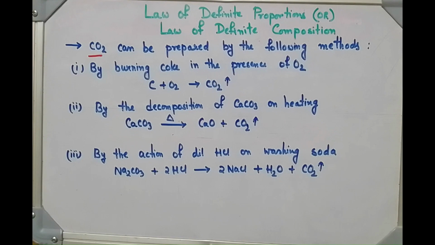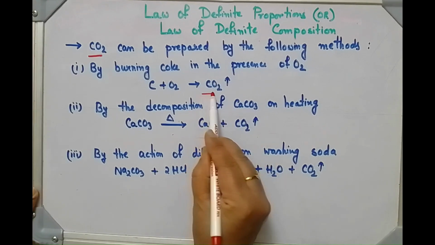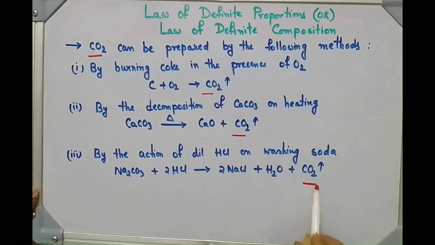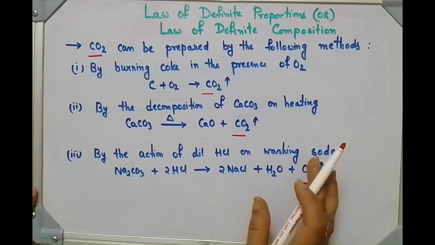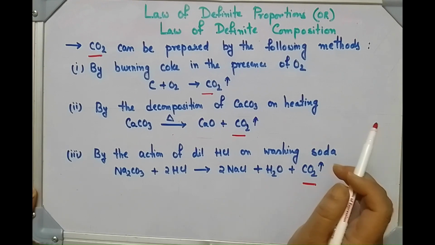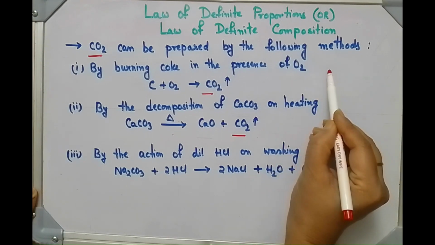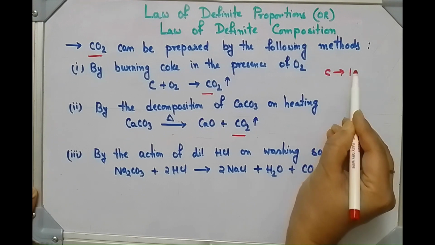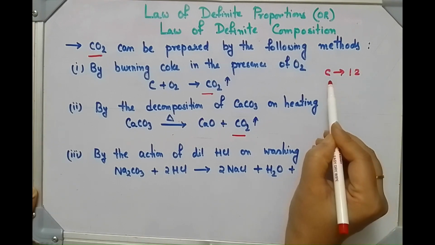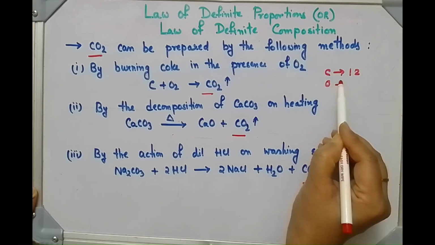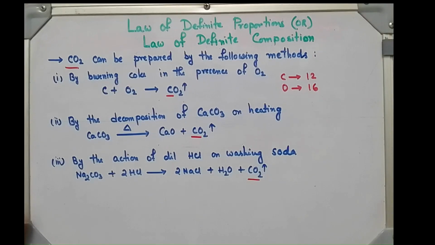Now, in each case, whatever carbon dioxide we are getting, it is having elements carbon and oxygen, and the ratio or mass percentage of carbon and oxygen are the same. You know, atomic mass of carbon is 12 and atomic mass of oxygen is 16.